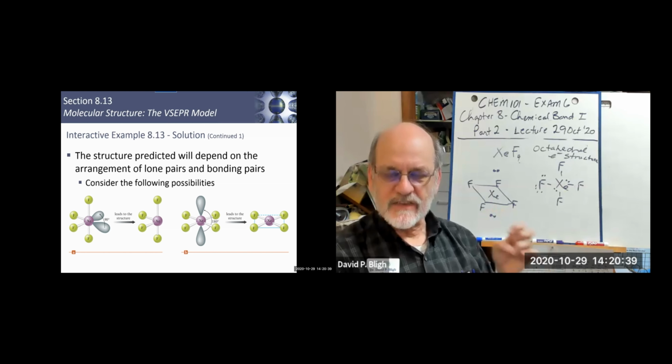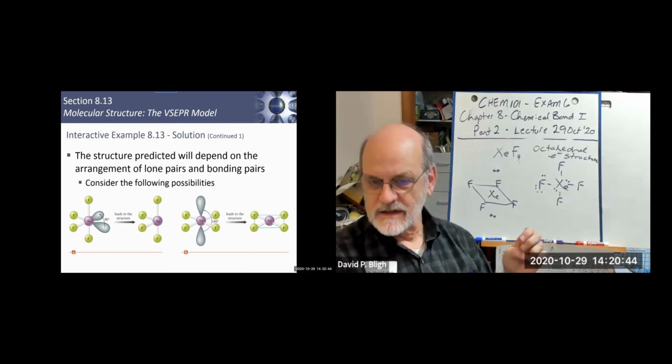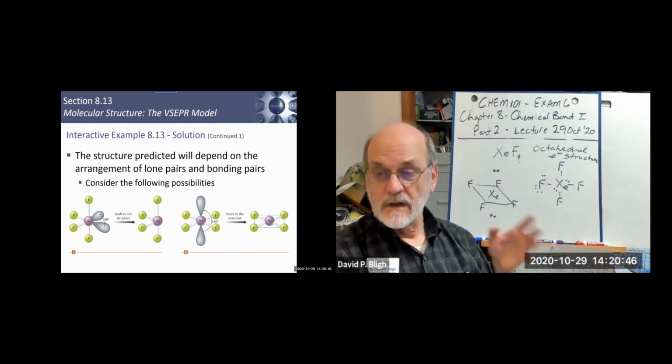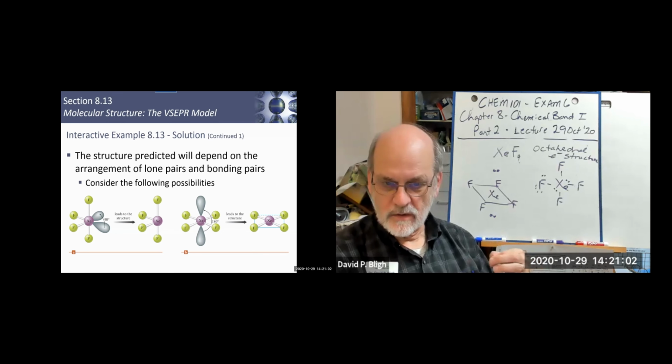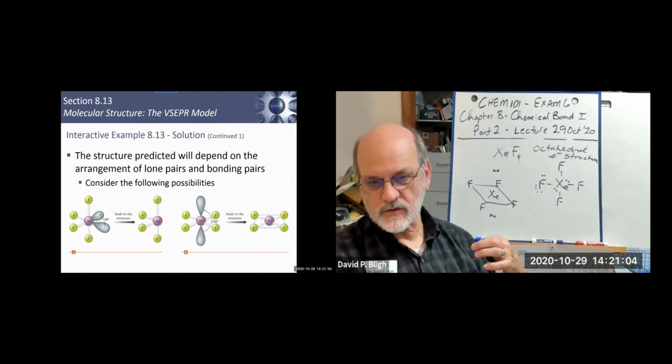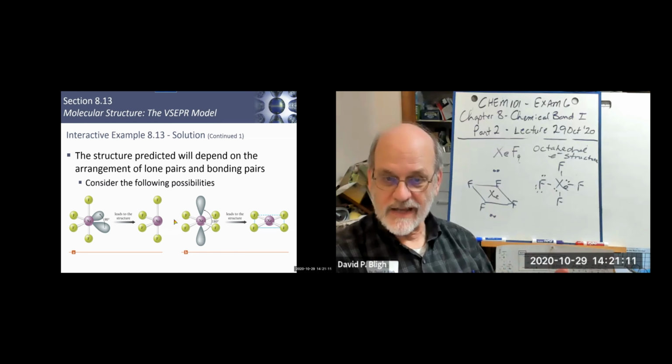Now, how do we break the tie? How do we say this is valid, that's valid, which one wins? You look at the polarity of the molecule. If the seesaw is correct, then you're going to have a net dipole in one direction or the other, probably toward the lone pair electrons, even though the fluorines are more electronegative than xenon.